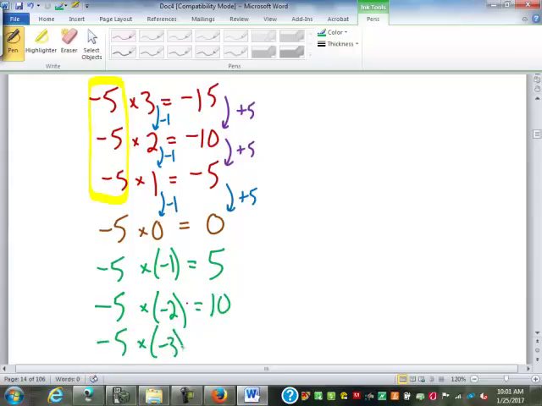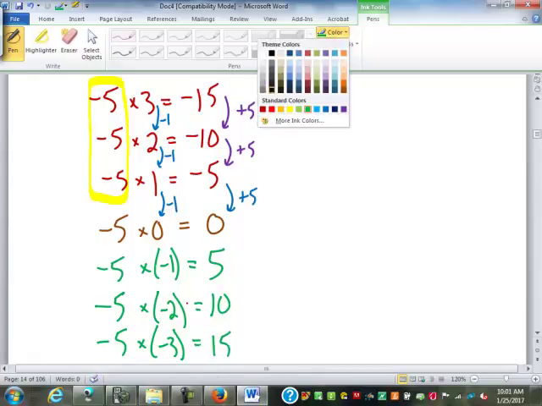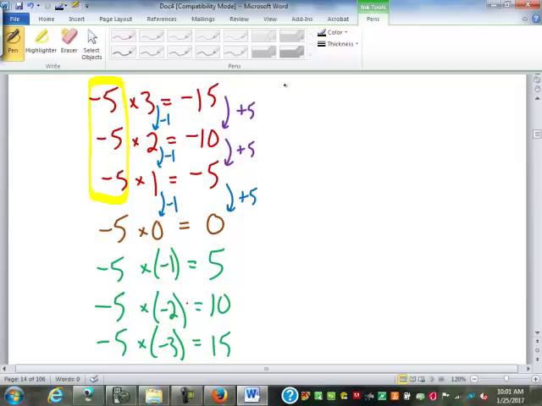Negative 5 times negative 3, again, has to go up by 5 to be 15. Mathematically speaking, multiplying two negatives does not work with the basic definition of multiplication. So we go by this pattern here that tells us that in order for the pattern to continue, two negatives must multiply to make a positive.